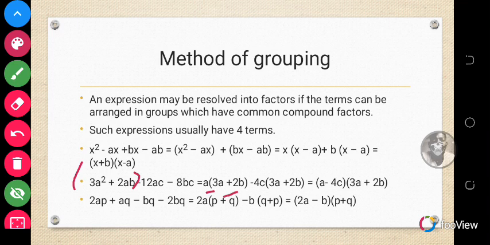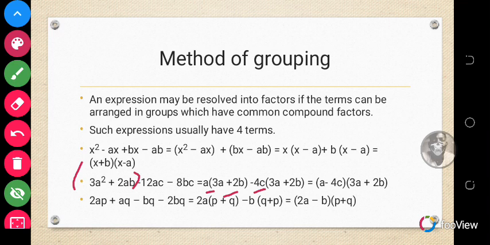And then the second one, the second group, which is negative 12ac and then negative 8bc. So when you look at these two, you realize that the common factor here will be 4ac, because 4c can actually go into 12ac, negative 12ac, and then the common factor will be negative 4c.